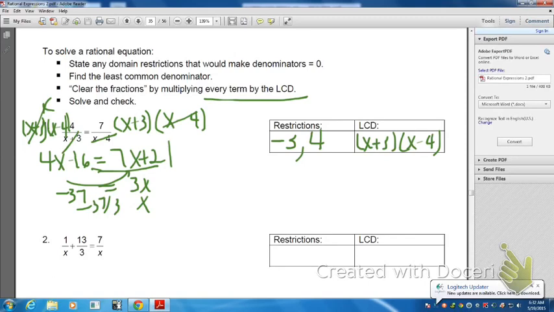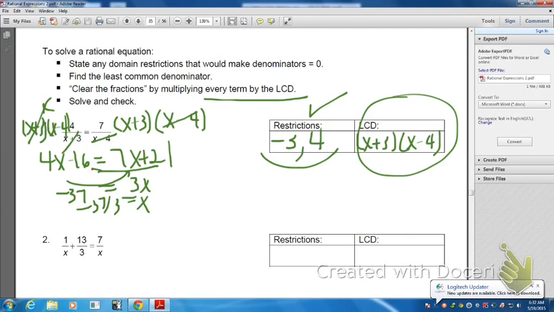So recapping, we looked at our restrictions over here. We find, in fact, that the negative 3 and 4 are not our solutions, and using our least common denominators, we were able to cancel out the existing denominators, which is what you want to do, and we end up with that negative 37 over 3.